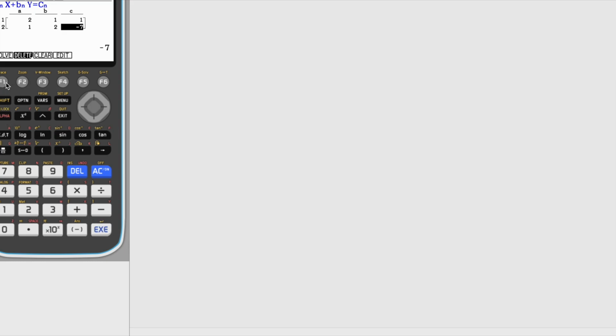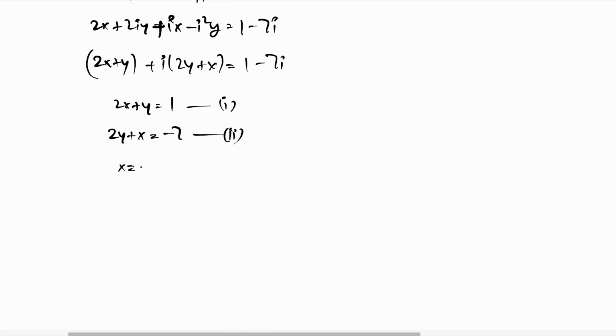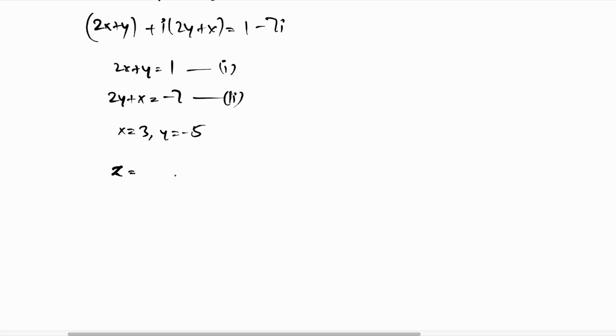I'll press solve. So 3 and minus 5. So x is equal to 3 and y is equal to minus 5. So my complex number is 3 minus 5i. That's my answer here.